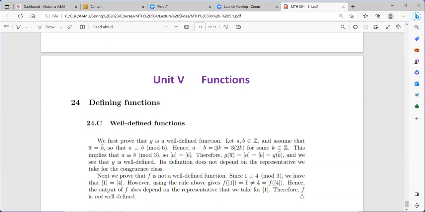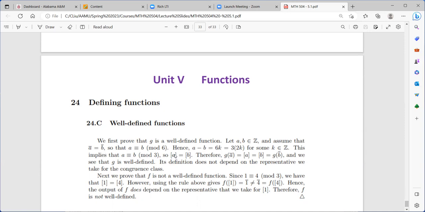And this 6K is obviously a multiple of 3, right? You can write it as 3 times 2K, where 2K is another integer. So A minus B is a multiple of 3, so A is congruent to B modulo 3.